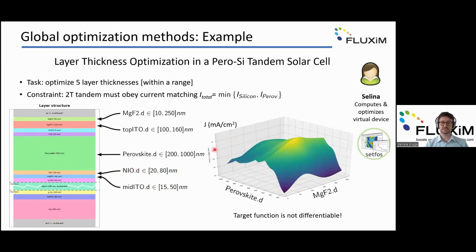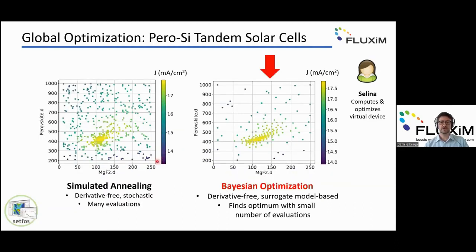So in this case, I'm not going into the details, but the local optimization will not work because there are minima, and the target function is not differentiable. So the global method can be used, in particular, when I'm, for example, sweeping the thickness of the magnesium fluoride of the perovskite reactive layer. I could have simulated the maximum current that I can obtain from the stack.